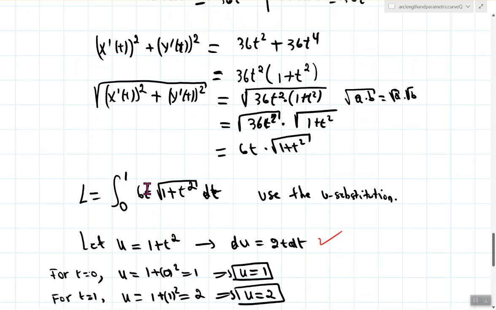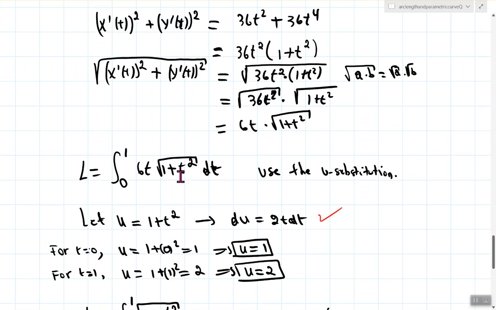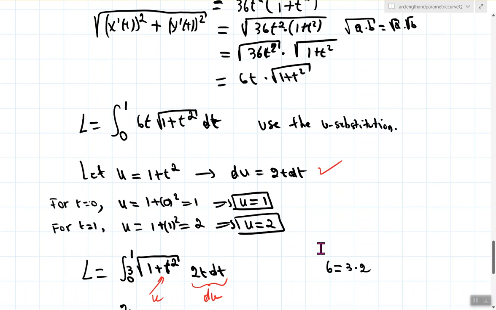So to do it, we use the u substitution. We're going to let u be 1 plus t squared, so that du is 2t dt. And so what I did here was I'm going to take this 6 and rewrite 6 as 3 times 2. Okay, 6t is 3 times 2t, so that they can match with the 2t here.